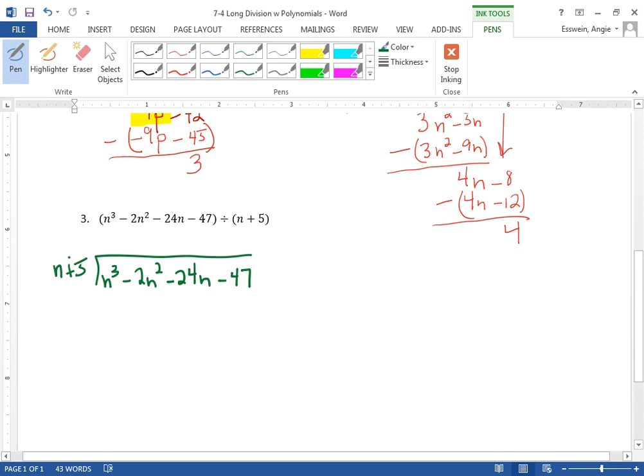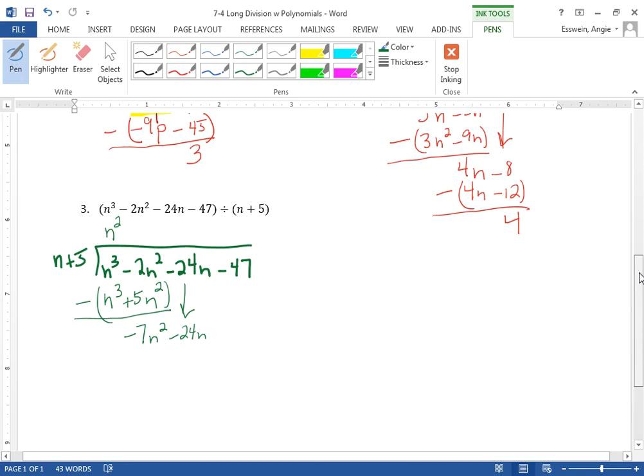So we look at just the first terms, n and n cubed, and that's going to be n squared. So we get n cubed plus 5n squared. So that was multiplying. Then we subtract. And we get negative 2 minus 5 is negative 7n squared. And then copy. So that was a complete iteration.